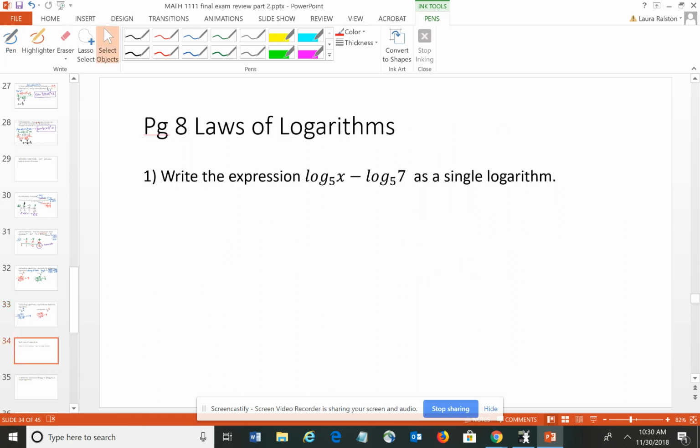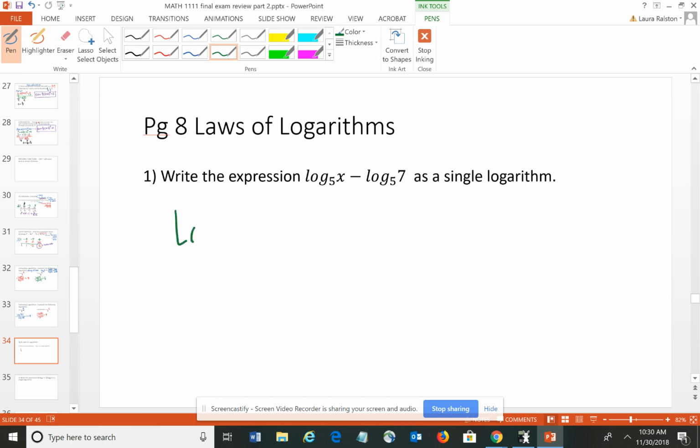All right, moving on to the next section, which takes us to page 8, and laws of logarithms. The first question asks us to write the expression log base 5 of x minus log base 5 of 7 as a single logarithm. I noticed that this particular problem involves subtraction, and that subtraction is rewritten as division.